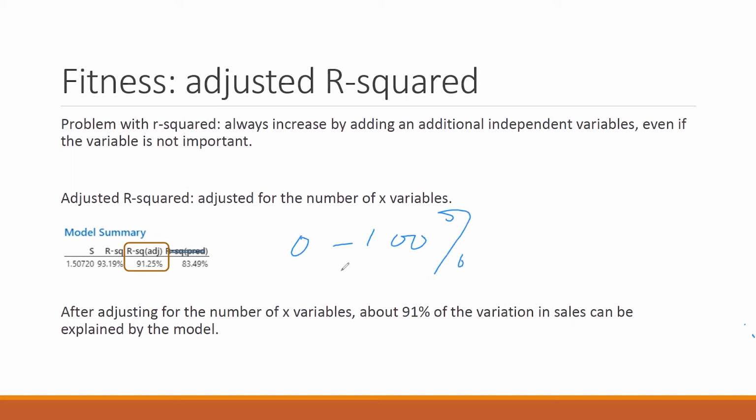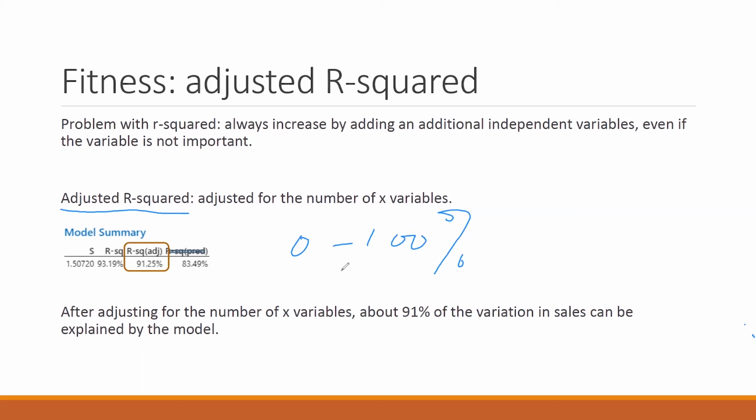We have the same logic in the multiple linear regression model. The difference is that we do not rely on the R-squared anymore. Instead, we look at the adjusted R-squared, okay? The reason is that the R-squared can be inflated by the number of x variables we put in the model.